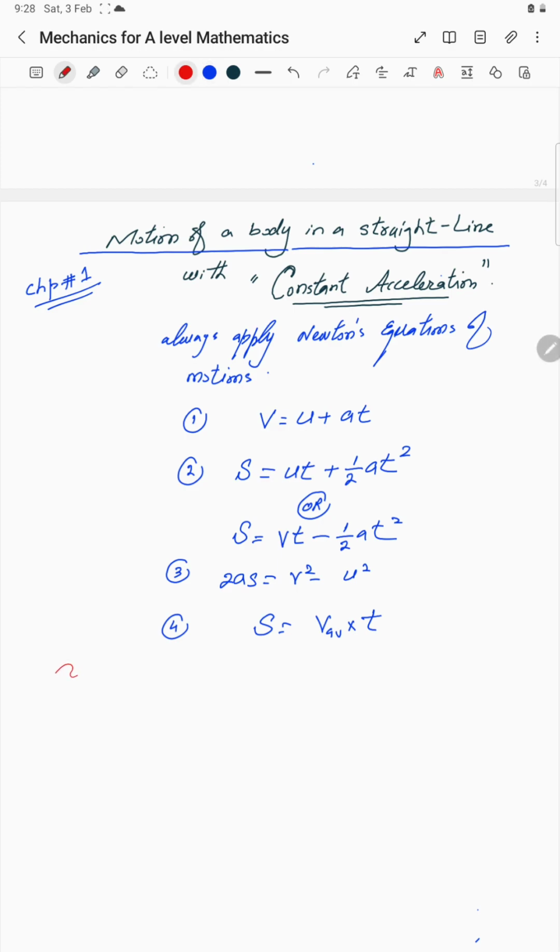Number one, u is called the initial velocity. v is called the final velocity. t is the time taken by the particle to move from one place to another place. a is the acceleration.